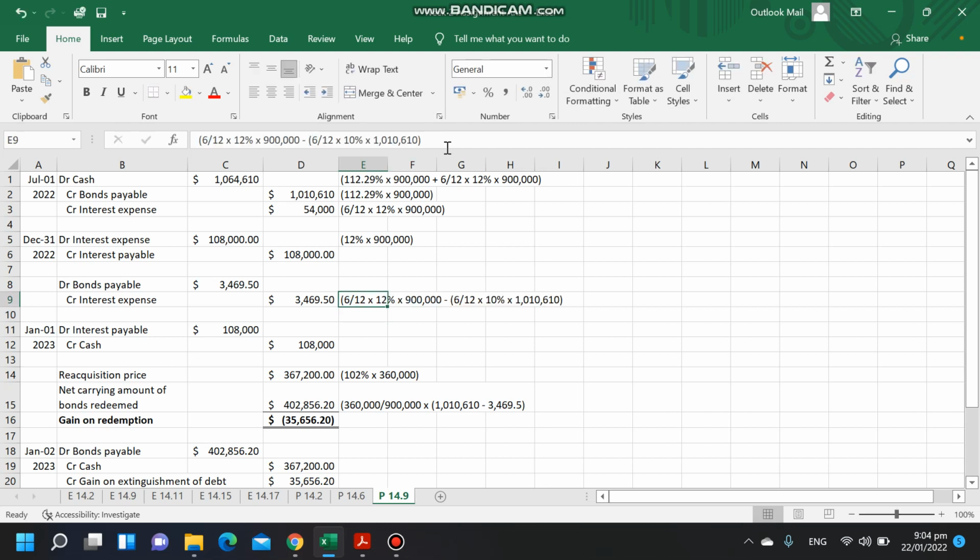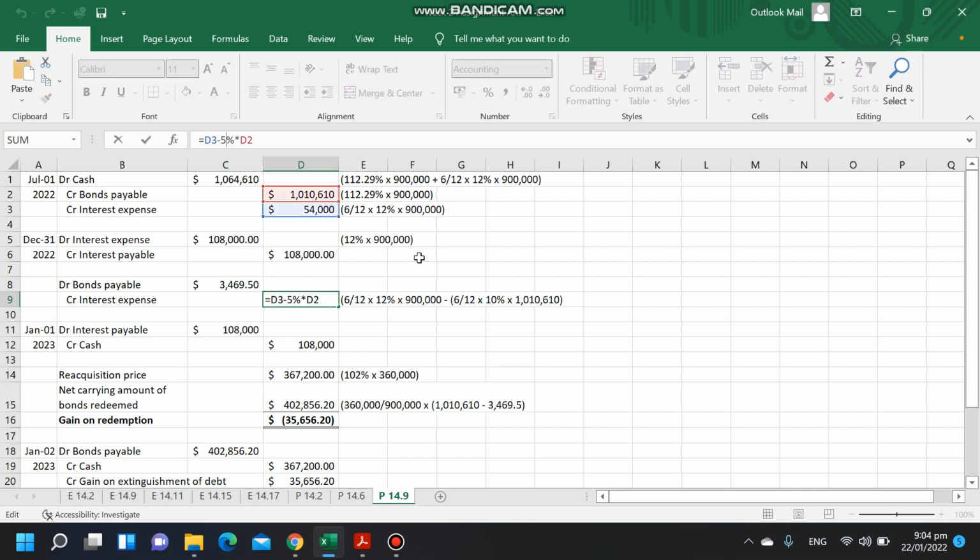Basically it's just the cash paid minus the interest expense, and you will get the amount of 3,469.5. You can just use the data above if you want.